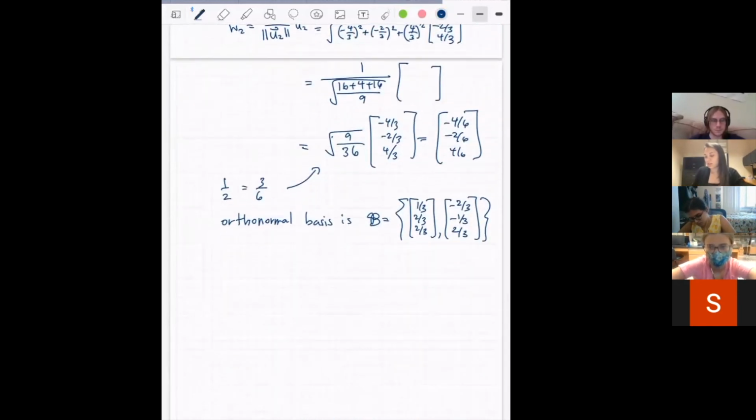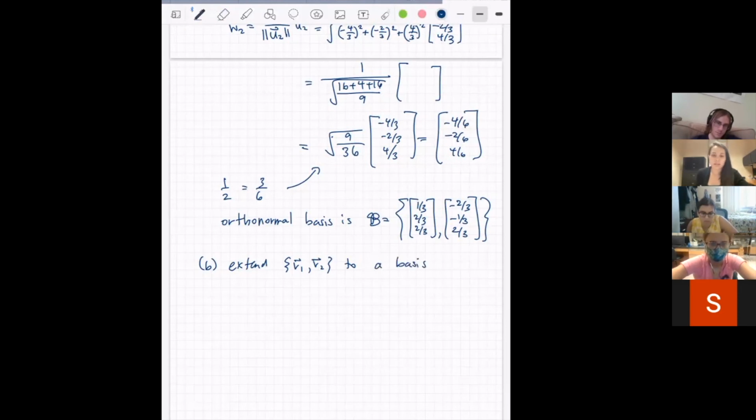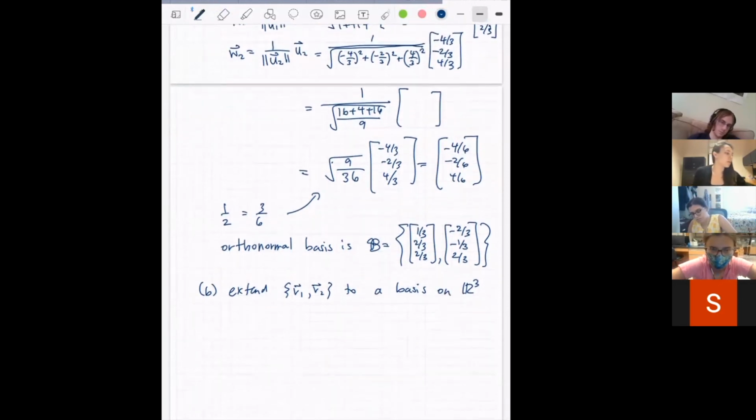And first we should just extend our collection of V1 and V2, which spans a subspace of R3, to a basis of R3 by finding another vector that is linearly independent with both of these, right? On R3.